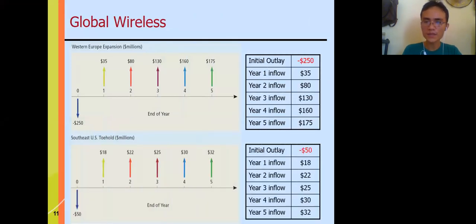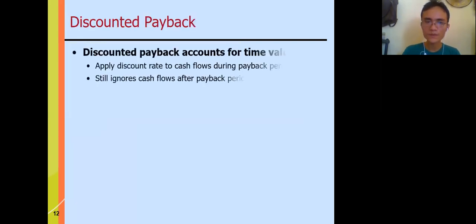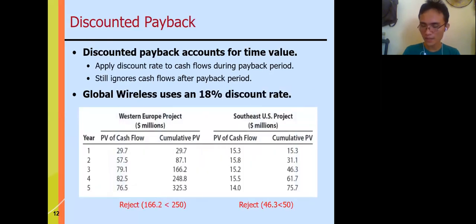If we can just look back to this one, that's 35. That's year 1 for Western Europe expansion. So 1.35 to the power of negative 1, right? That's going to be, how much is that?